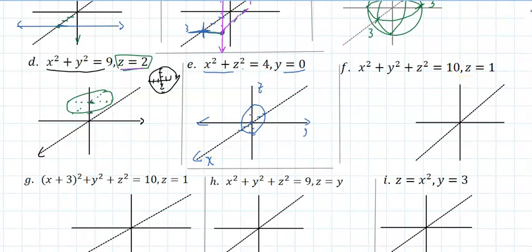And here, if they gave me a sphere and z equal 1, well, they're saying two things. A couple of ways I could do this. I could think of it as a graph of a sphere.